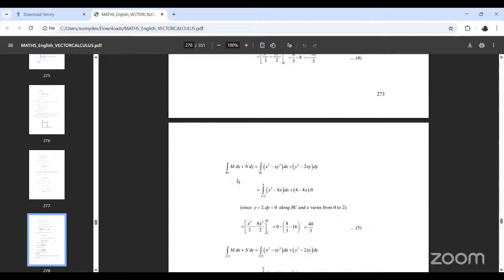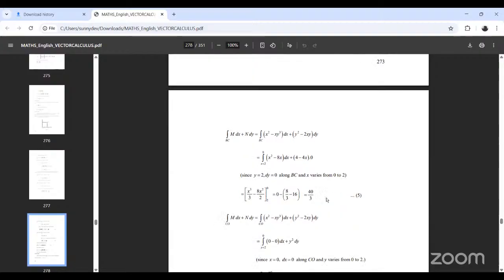Next, along BC, same procedure. The y value is not changing, so y equals 2, then dy equals 0. Along BC, x varies from 0 to 2, but dy is 0, so that part goes to 0.